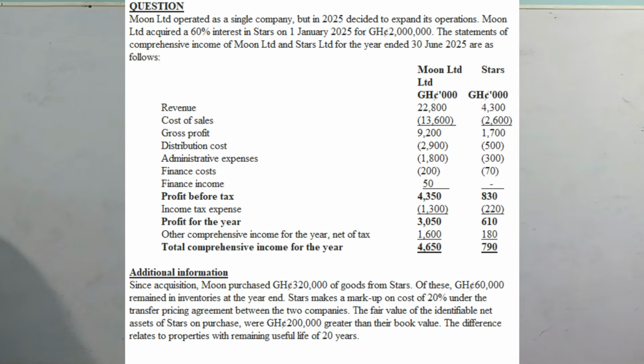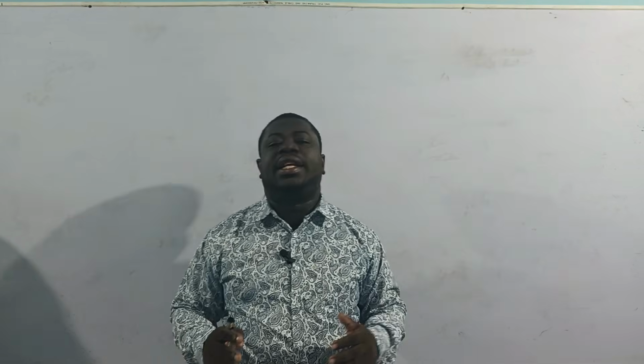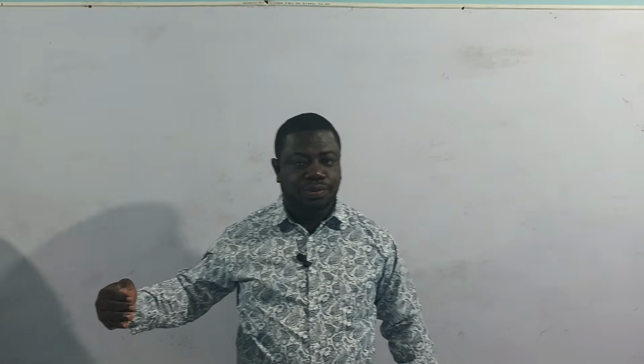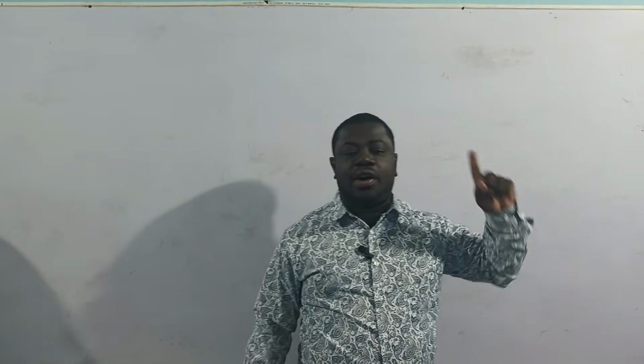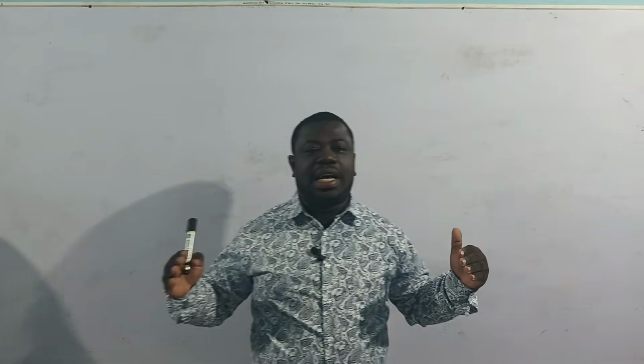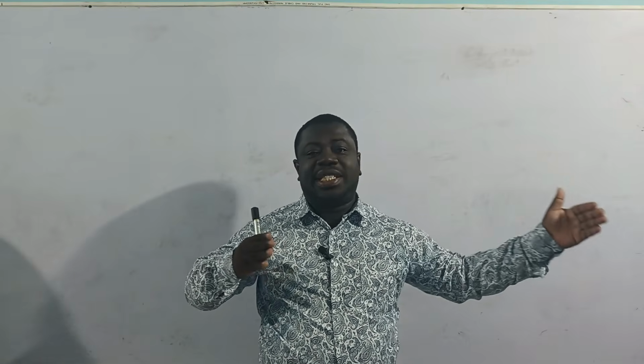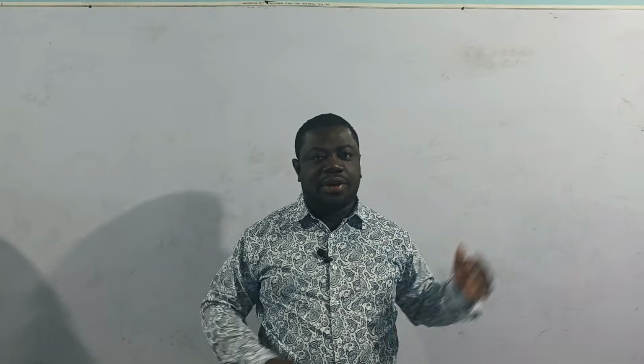Looking at the question, we are told that the accounting year ends 30th June. But from the introduction, the acquisition was made on 1st January. So if the accounting year ends on 30th June for both companies, and the acquisition was made on 1st January, then the acquisition was made in the middle of the year, because it had been 6 months since acquisition.